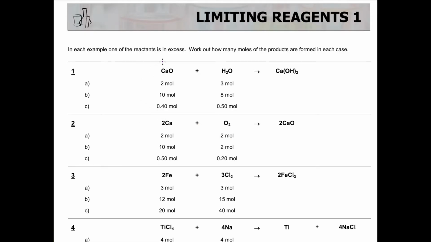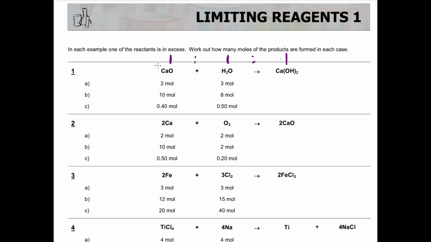Okay, for this first question, I'm going to work through this example for you. The first thing we want to do is make sure that our equation is balanced, which it is, and then write out our ratio of reactants and products.